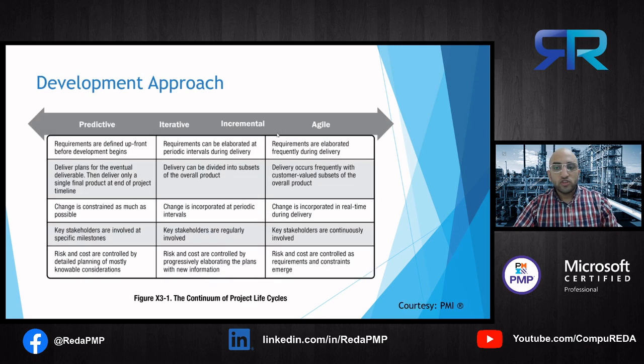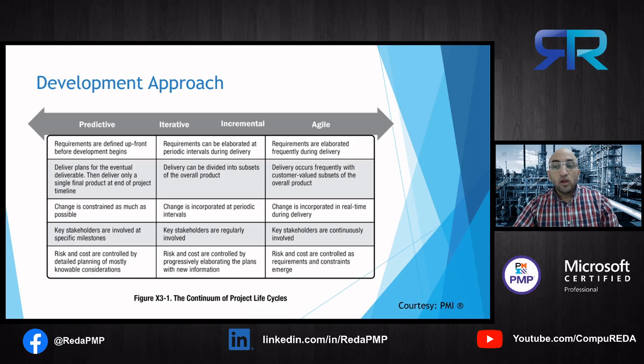We have two main types of project management development approaches: predictive or plan-driven approach and the agile approach, and principally any mix in between. In the predictive approach, think of it as a construction project or oil and gas facility, where all project specifications should be defined precisely upfront before you start the execution.